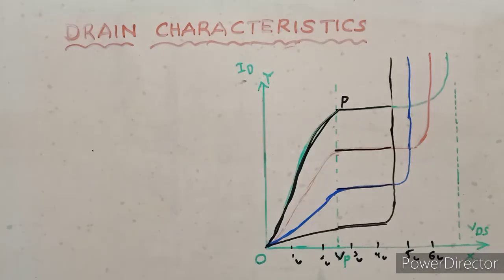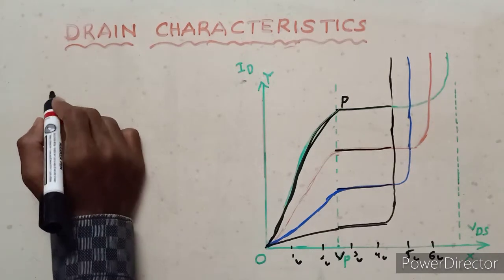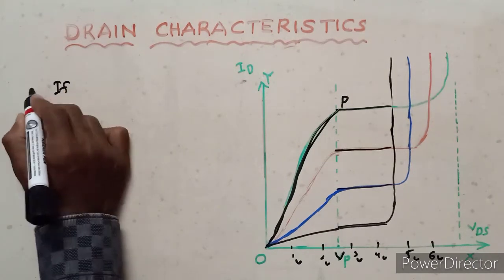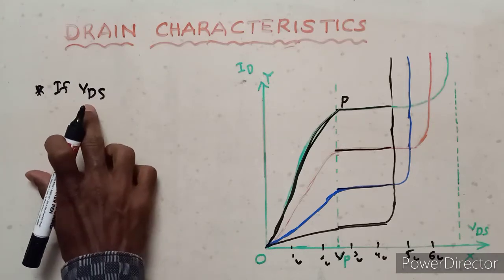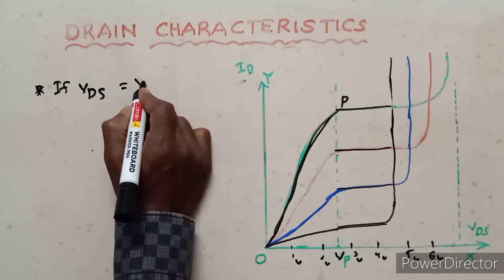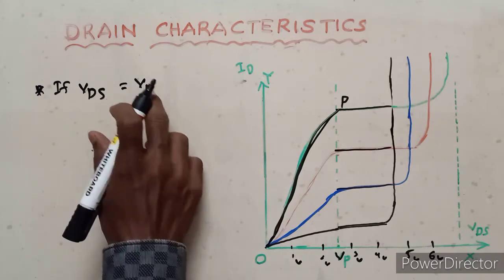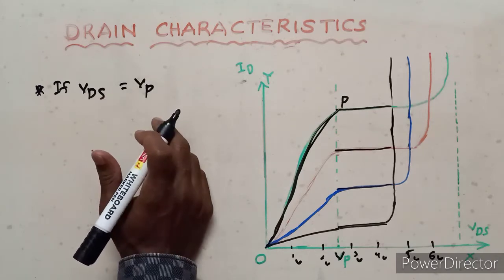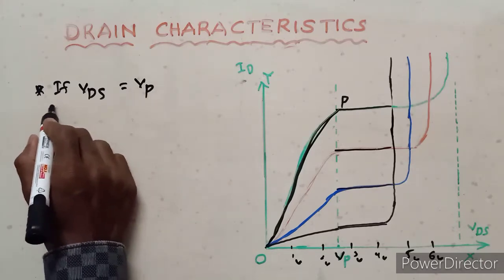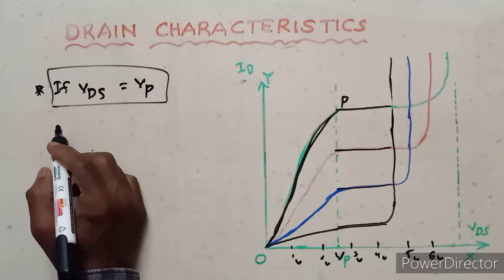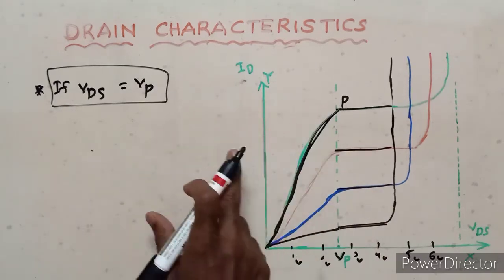And the second one: if VDS, the voltage between drain and source, equals the pinched off voltage, then this condition is fulfilled and ID is maximum.